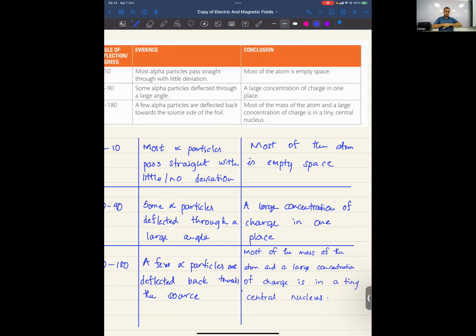So I don't understand how we can get that conclusion from the evidence for the angles of deflection above 90 degrees. The third one. Yes, sir.